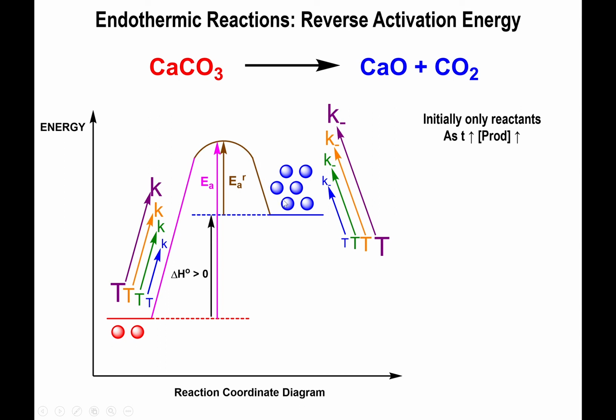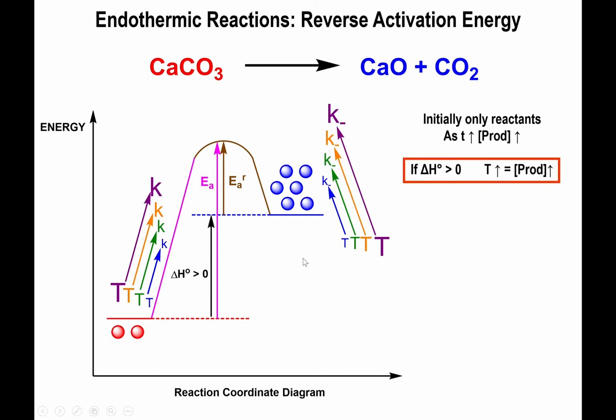So even though it's ultimately detrimental in both circumstances, it's best to raise the temperature as much as possible because you want to ensure that you have enough energy to make it up to the top of the hill from the reactant side, even though the products will also be going back.